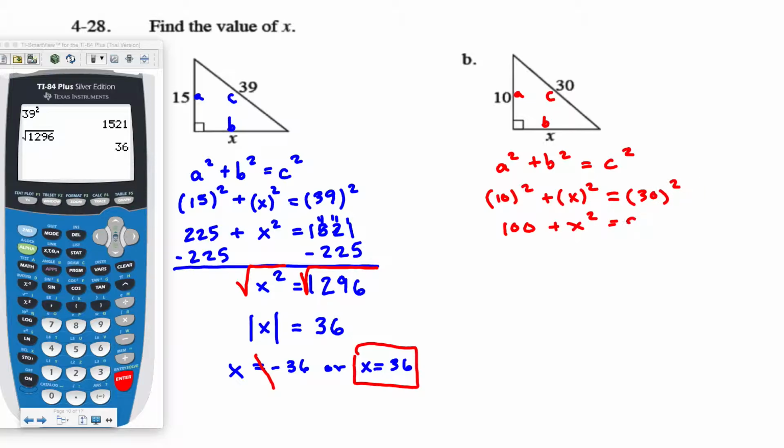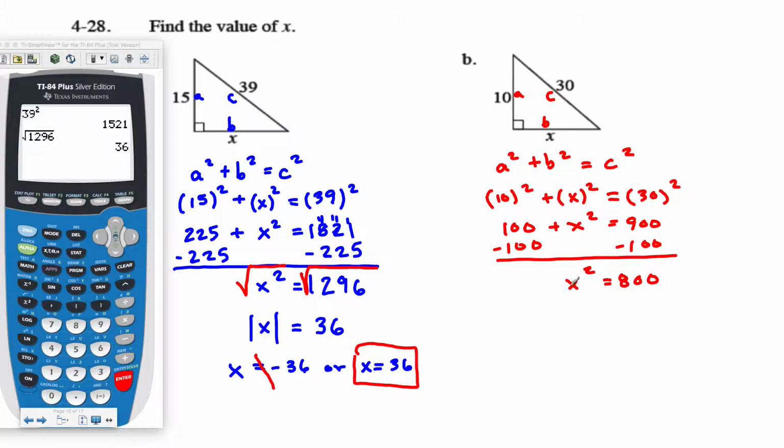That should be 900. Subtract 100 from each side. And I have x squared should equal 800.